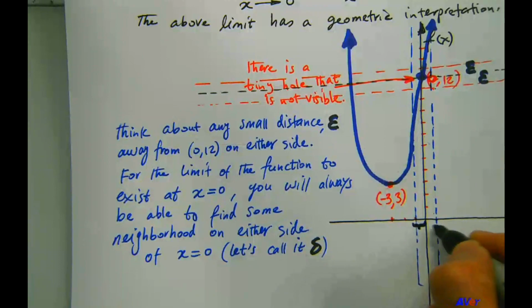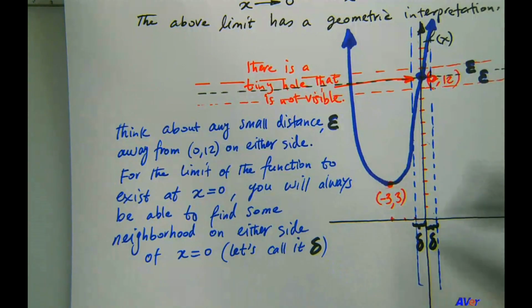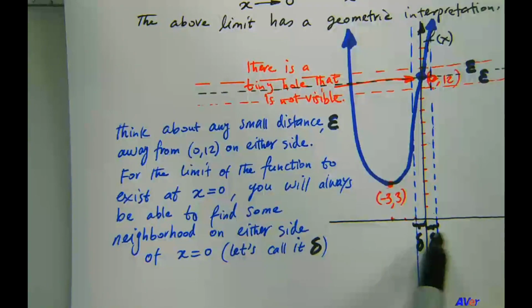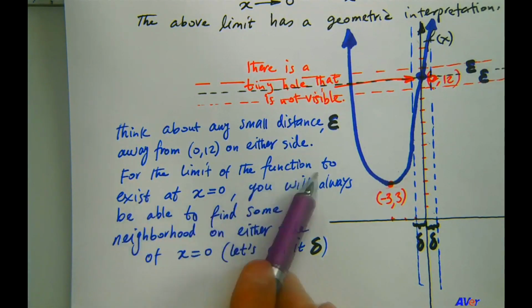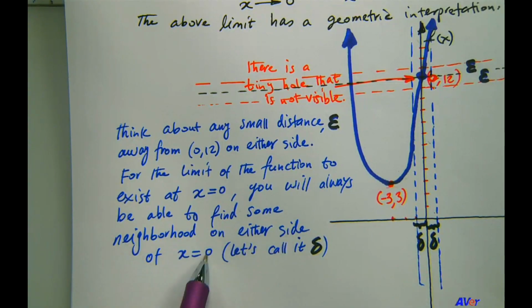That piece and that piece, that is delta. Okay? That's a distance, that's a neighborhood, as I call it, on either side of x equals 0. Let's call it delta. So that's equal distance, and you can take this as small as you want. So for the limit of the function to exist at x equals 0, you will always be able to find some neighborhood on either side of x equals 0.